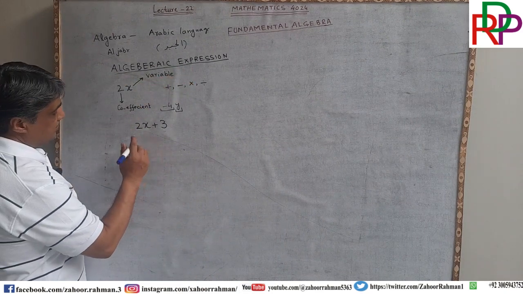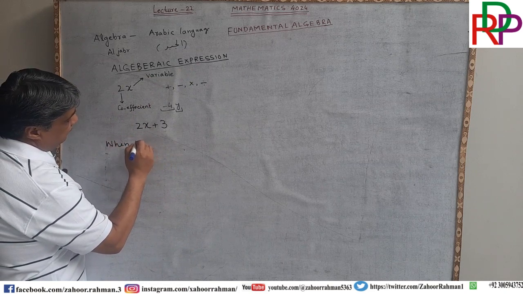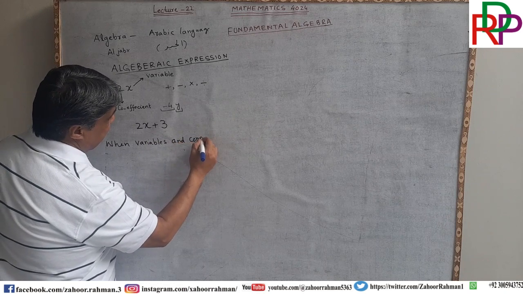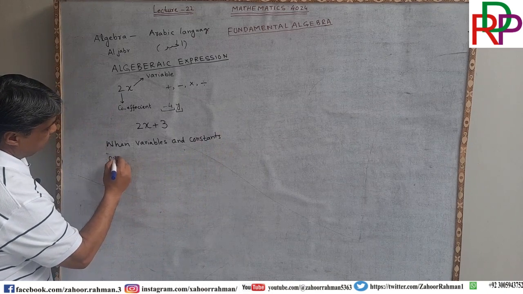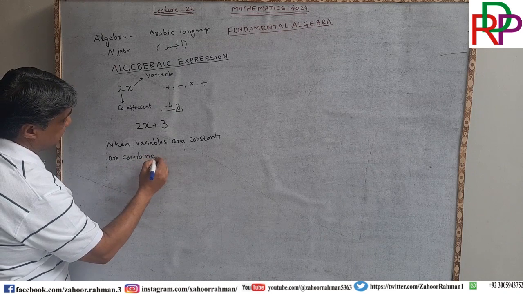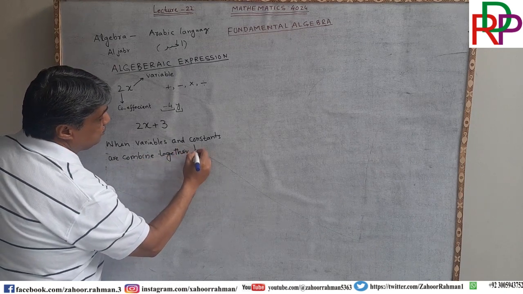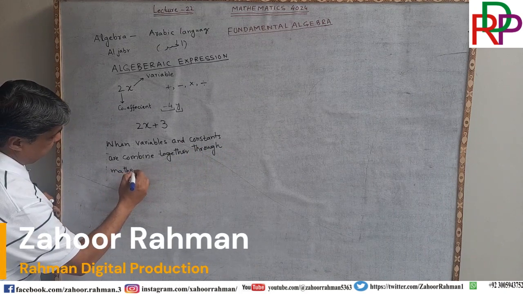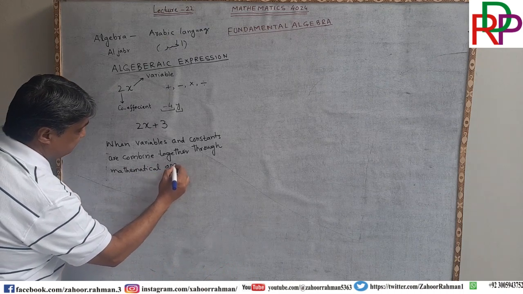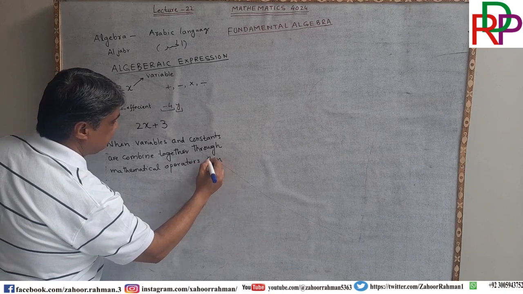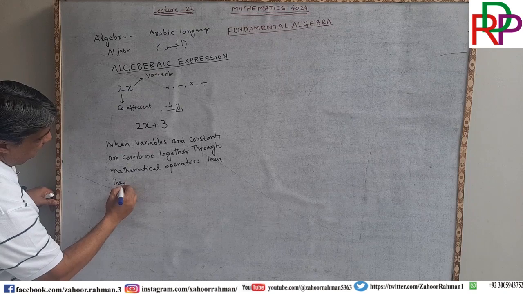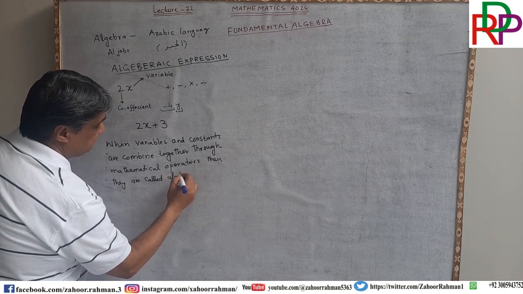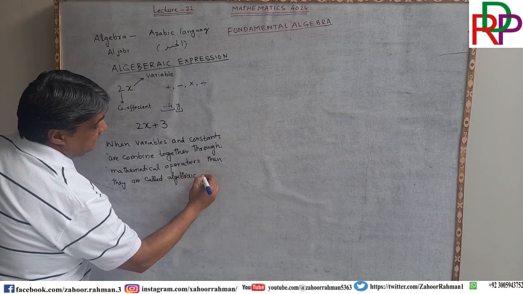The technical definition is when variables and constants are combined together through mathematical operators, then they are called algebraic expression.